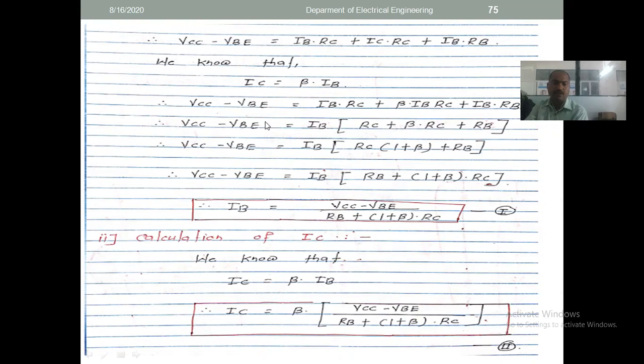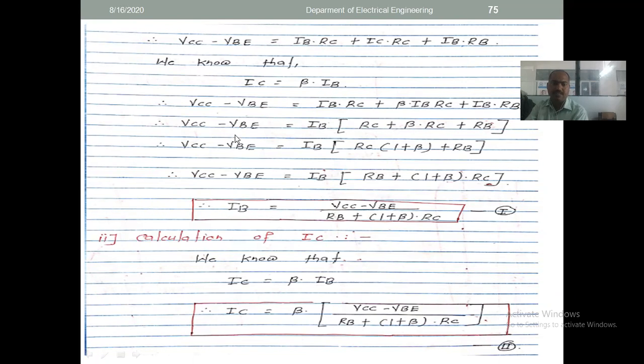So VCC minus VB. Now IB should be coming in each term, so we take it common: IB into the bracket of RC plus beta RC plus RB. This is the equation with respect to IB.